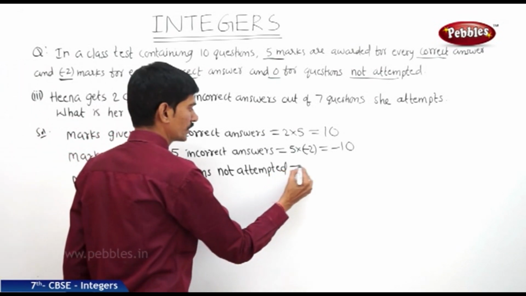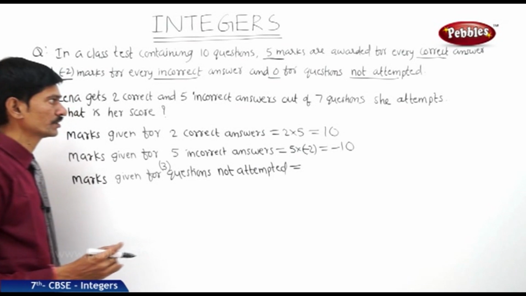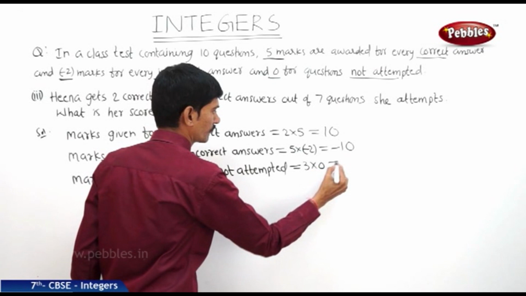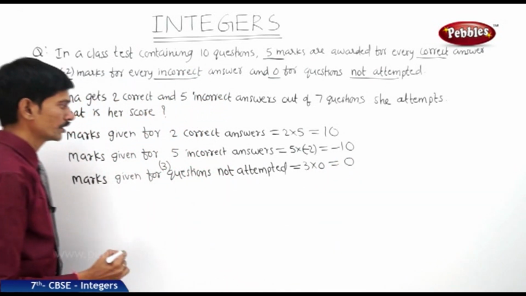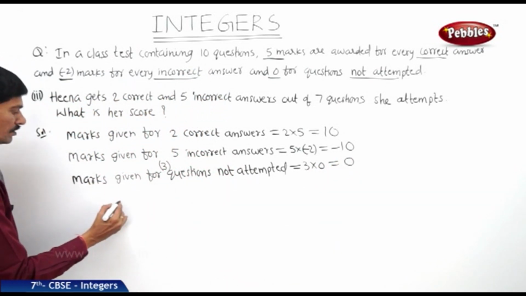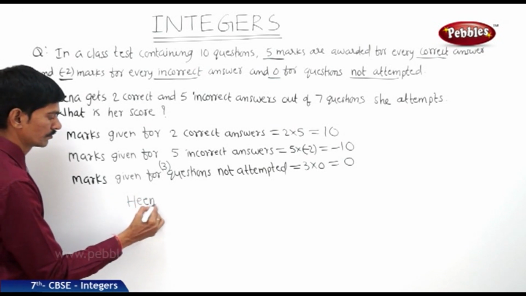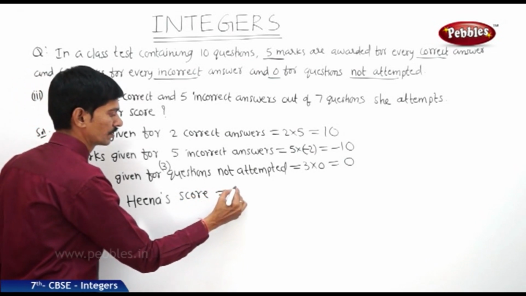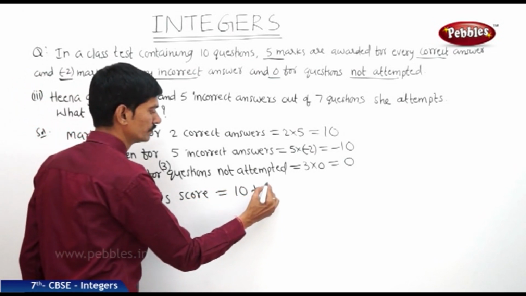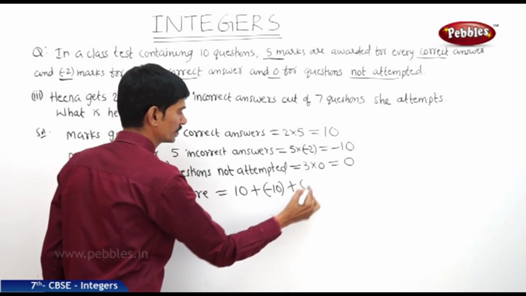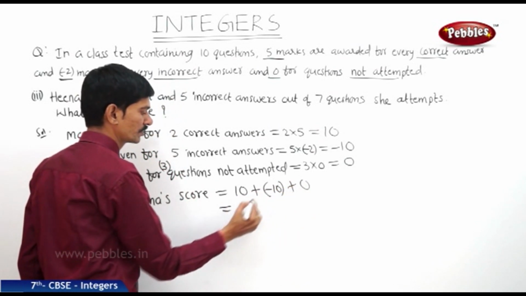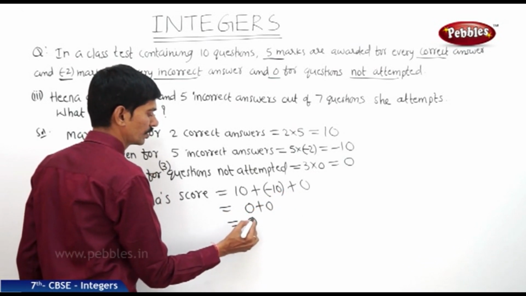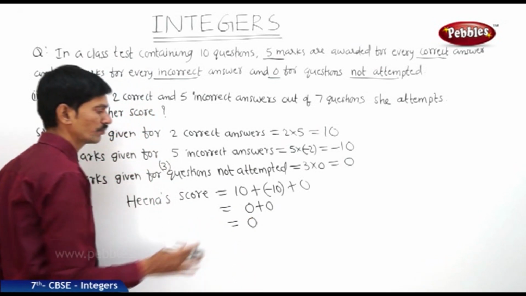There are no marks, means 0 marks are given for every question which is not attempted. So here 3 into 0 equals 0 marks. Now we have to find her total score. Now Hina's score equals 10 plus of minus 10 plus 0. So this equals 10 minus 10 is 0, plus 0 gives again 0. So on the overall she got 0 marks in the test.